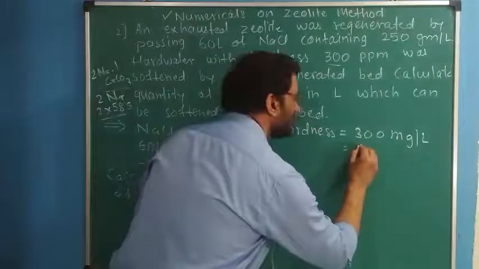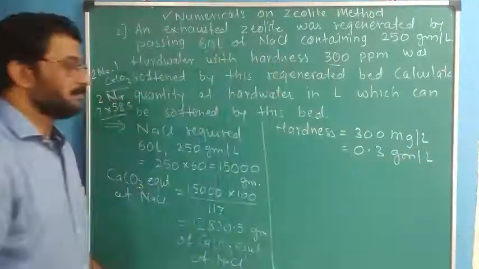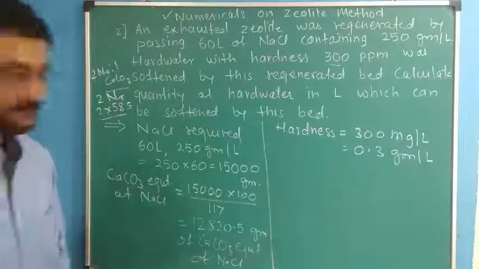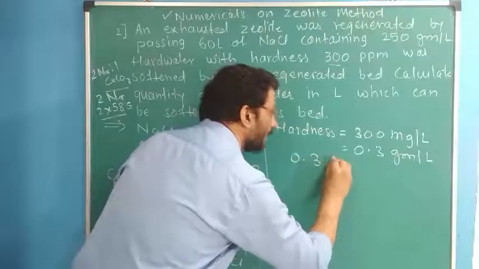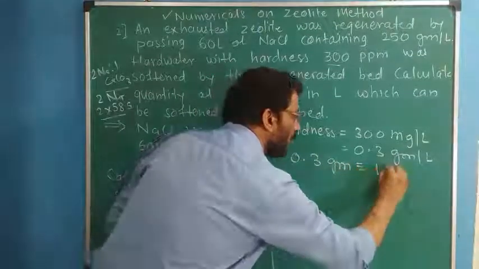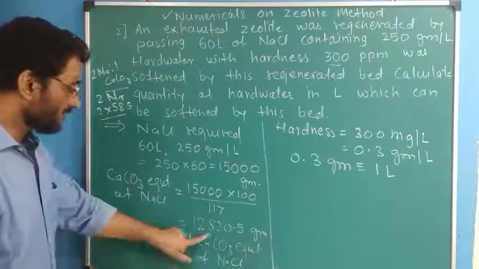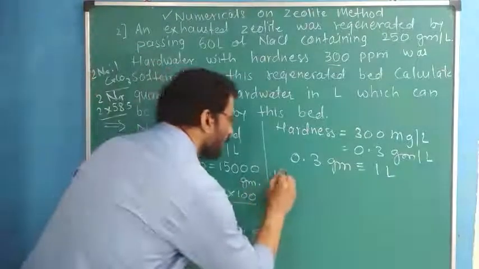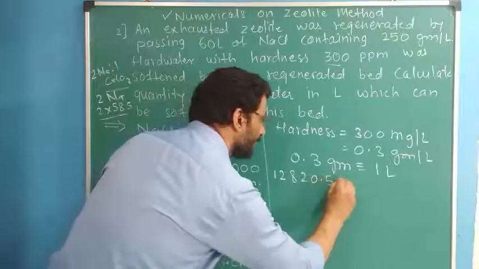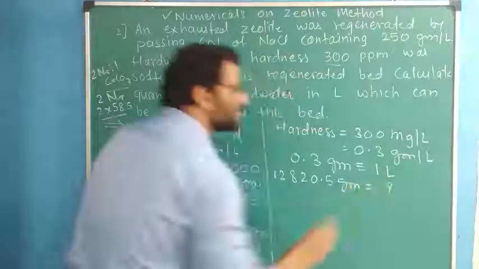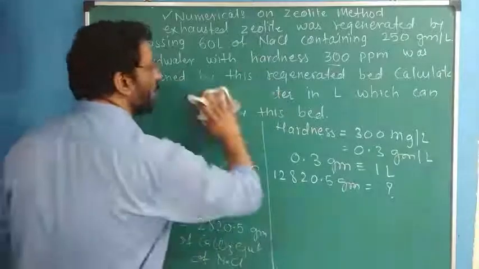It will be 0.3 gram per liter. So hardness is 0.3 gram, corresponding to 1 liter volume. Now how much NaCl is required? 12,820.5 grams NaCl corresponds to how many liters?